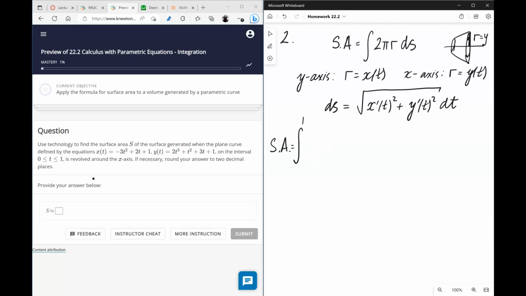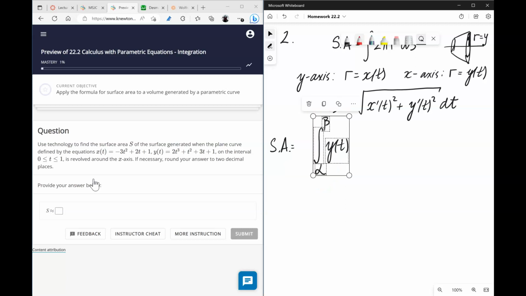I guess let me write it in general form first. It's going to be the integral from alpha to beta of y of t. Also missing 2 pi. I need to stick it somewhere there. So might as well, we can put it outside. And here we put ds, but ds is going to be this.